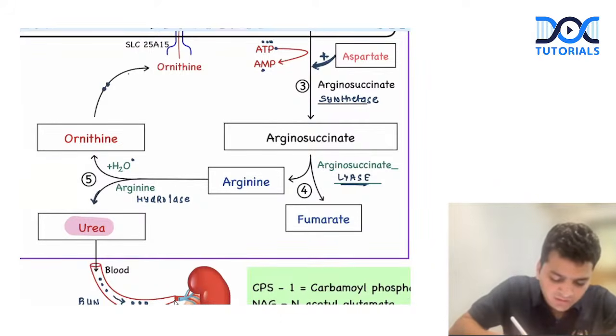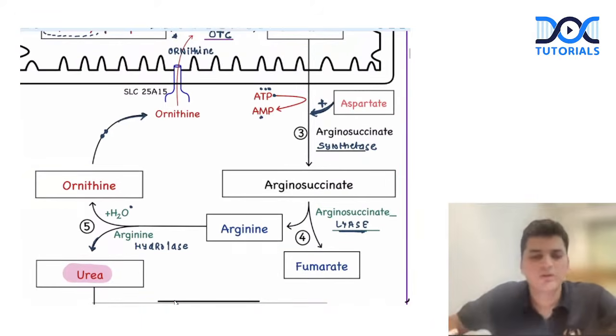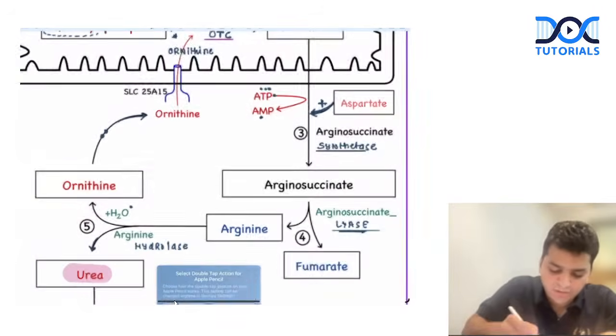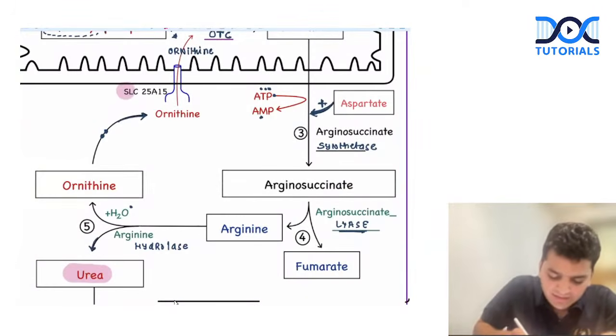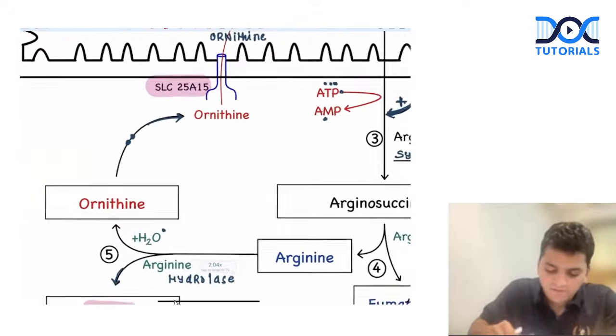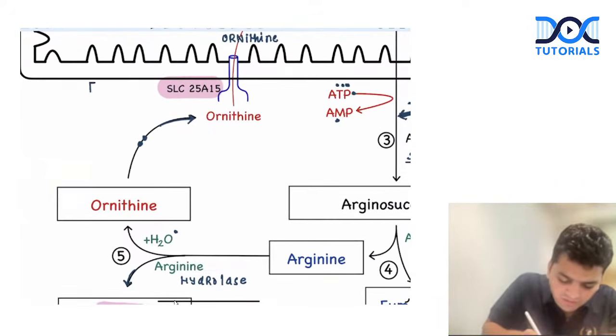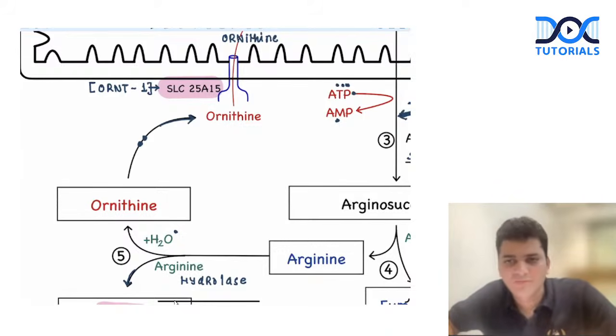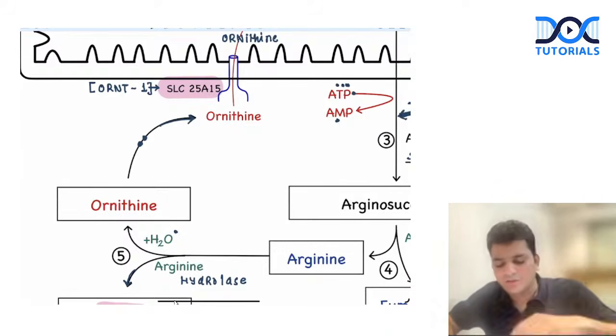And because we are reusing the ornithine molecule, this urea cycle is also called the ornithine cycle. To enter the ornithine inside, we require a special transporter called SLC25A15. This 25A15 is also called ornithine transporter 1, which is made up of the protein 25A15. And the ornithine goes in.